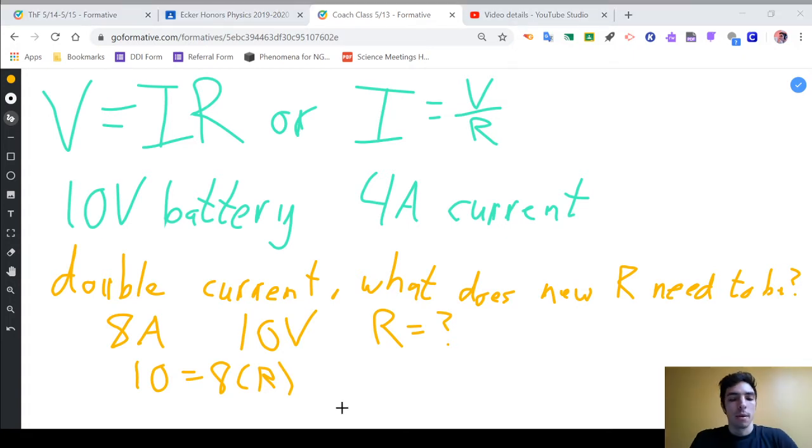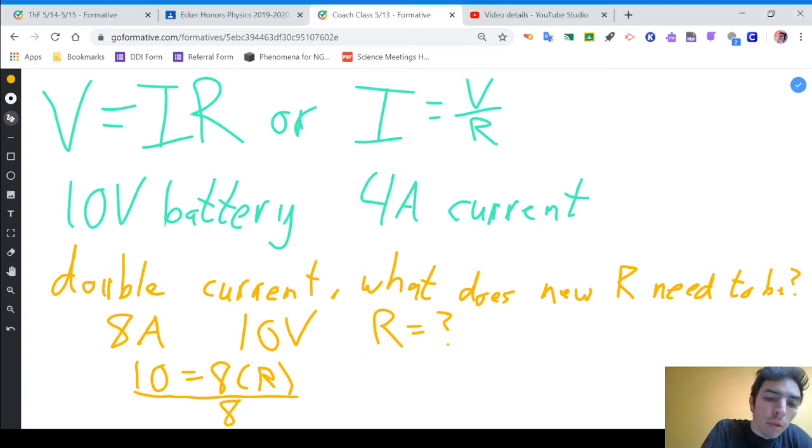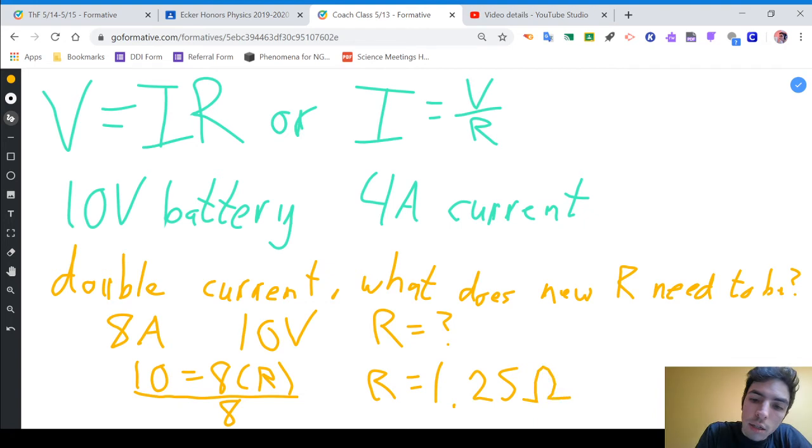We have 8 being multiplied by R, so to isolate the R, I'm going to divide both sides by 8. Division, the opposite of multiplication, should cancel out these 8s, and then I need to do 10 divided by 8 to find what our new resistance needs to be. So 10 divided by 8 should be 1.25. And since this is a resistance, our units are ohms.